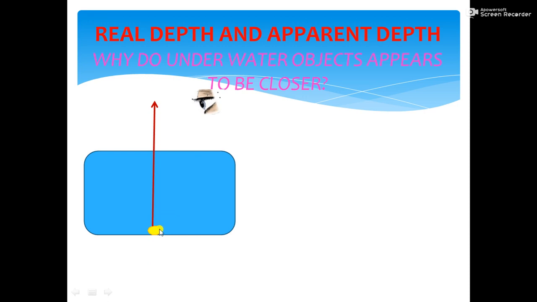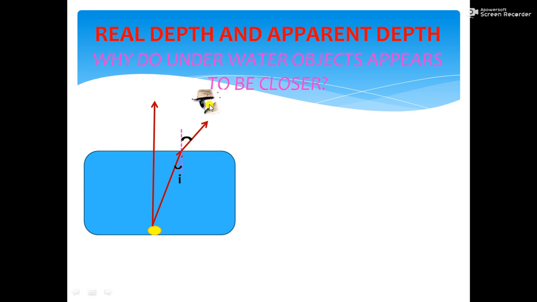The first light ray is incident normally to the surface of separation, so without any deviation it will go to air, and the second light ray is incident obliquely to the surface of separation, so that will bend away from the normal. This is the angle of incidence and this is the angle of refraction.